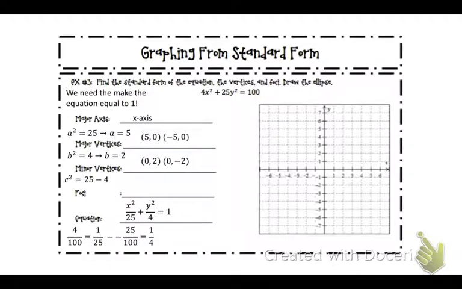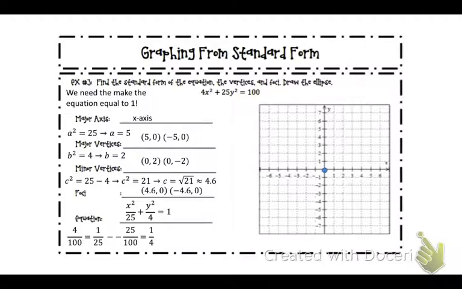And then let's find our foci. So c squared equals 25 minus 4 because it's c squared equals a squared minus b squared every single time, which means c squared equals 21. So c equals the square root of 21, which is approximately 4.6. So that's going to be (4.6, 0) and (-4.6, 0).